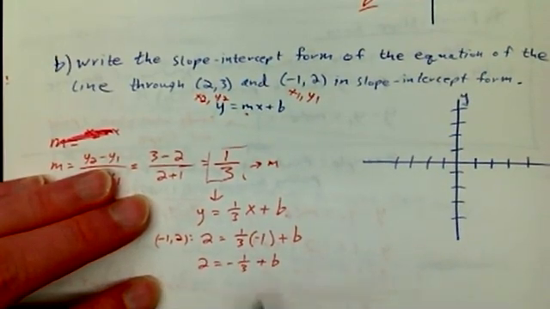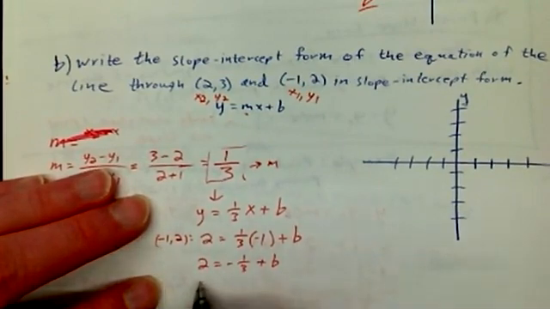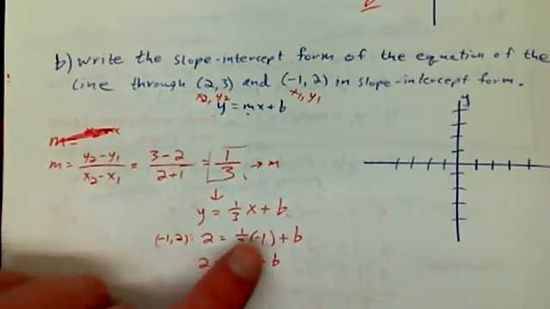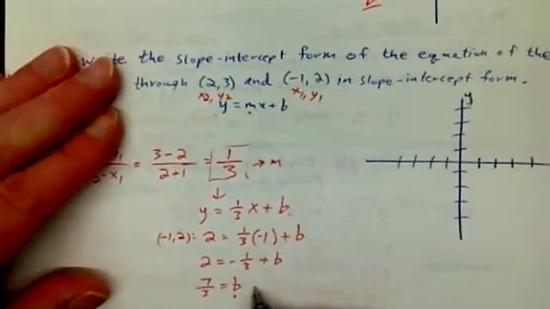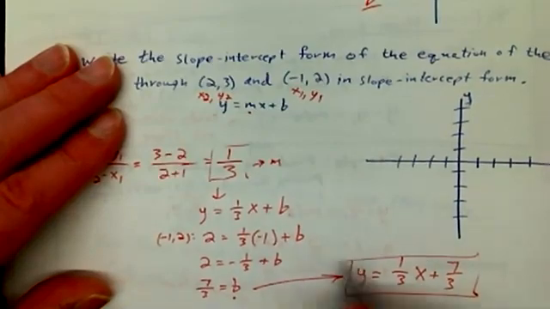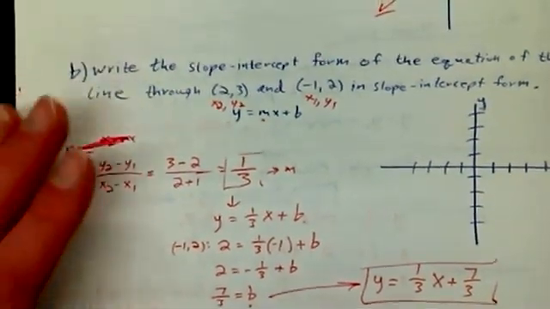Add 1/3 to both sides, and I'm going to get 7/3 is equal to b. So now that I have b, I'm just going to plug it right back in up here. So everything together, y equals 1/3 x plus 7/3. That's the equation of this line in slope-intercept form.